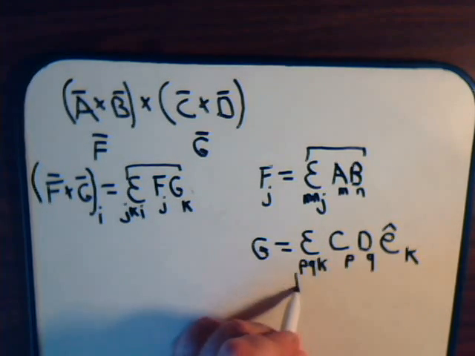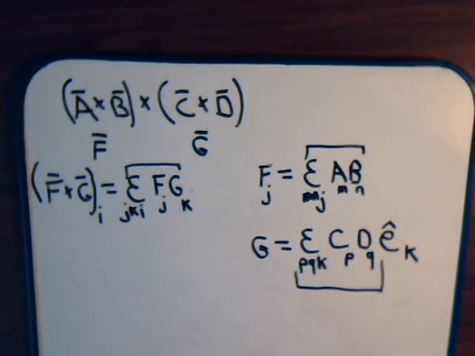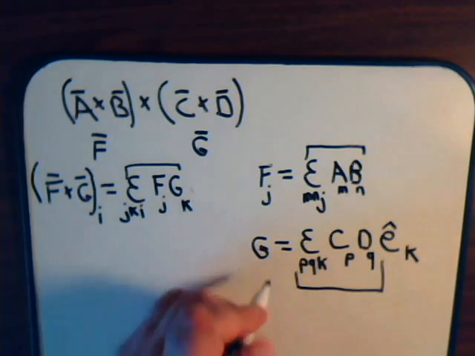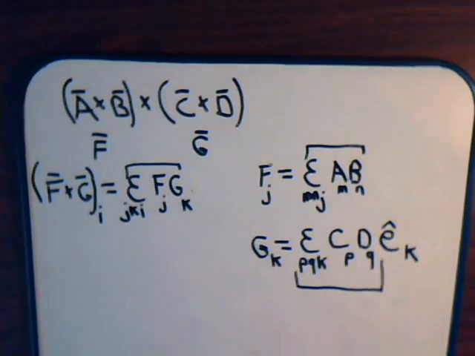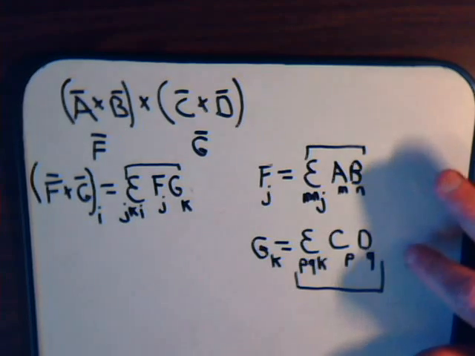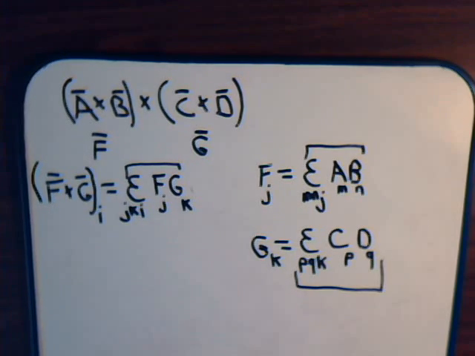We know that this is G of K. So just write it like that. There is G of K.